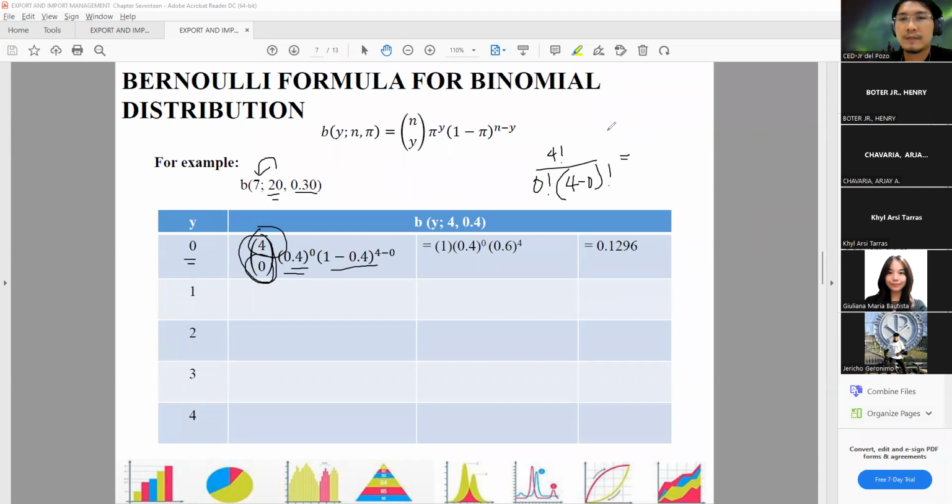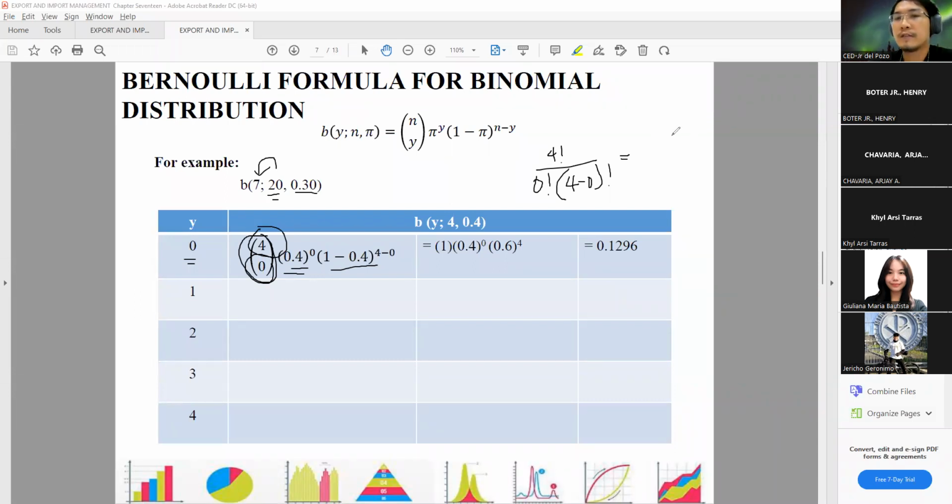What is the answer for this one? Okay, any more answer? Okay, that's what.